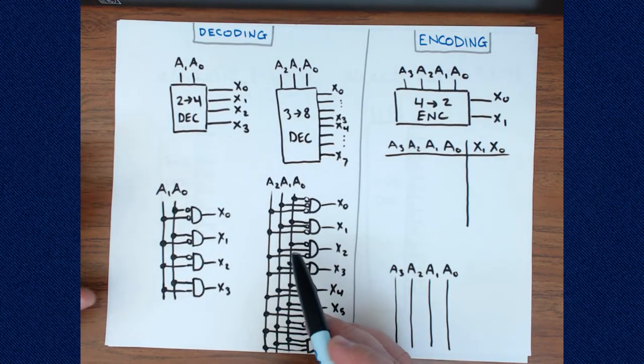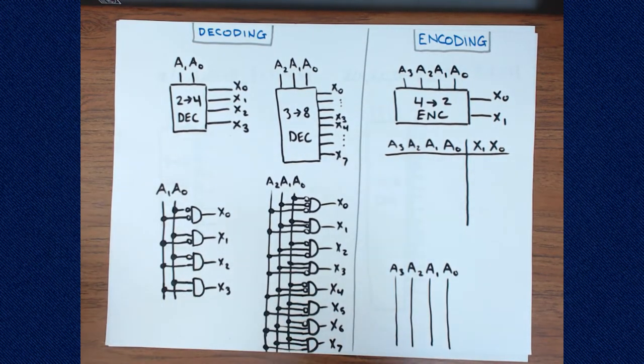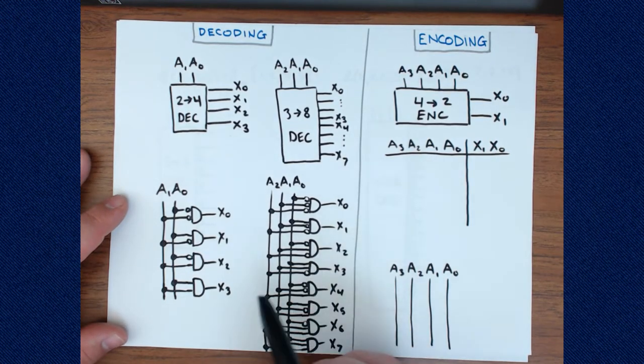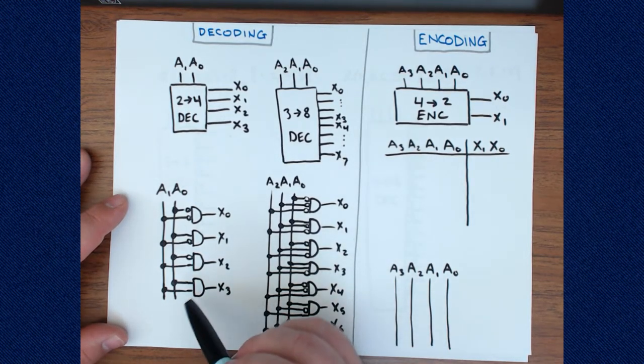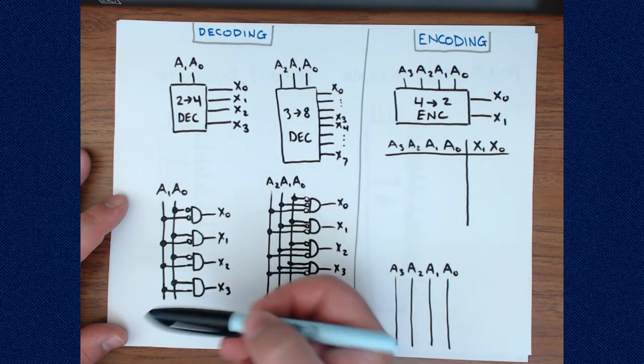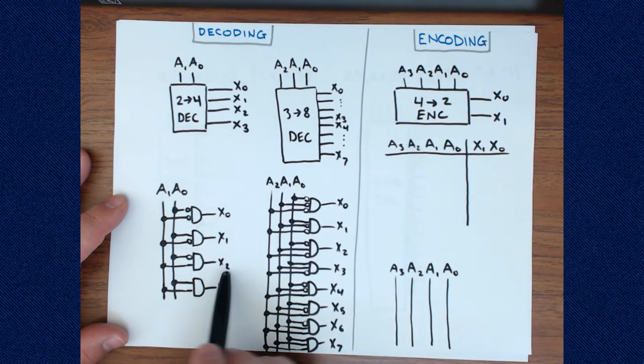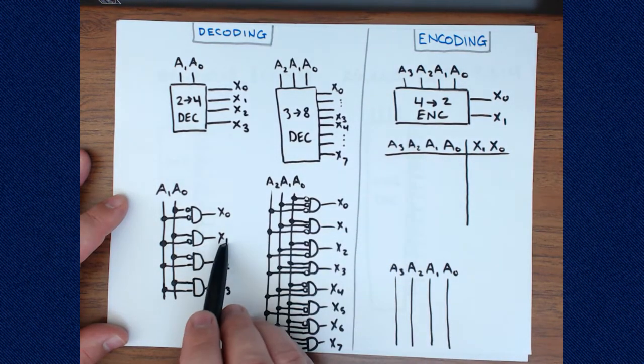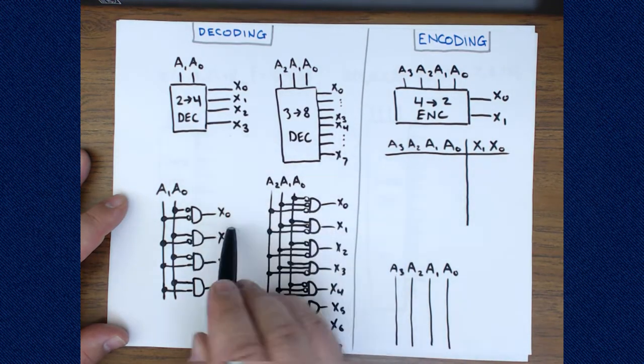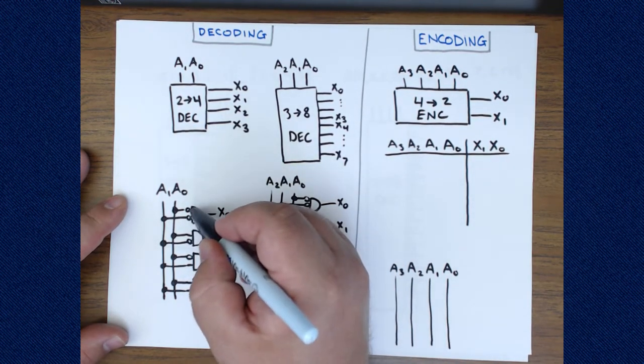Each of those is the 2-bit input pattern for its respective output. So 3 is 1, 1, so this looks like 1, 1 when we turn our head this way. 2 is 1, 0, 1 is 0, 1, and 0 is 0, 0.